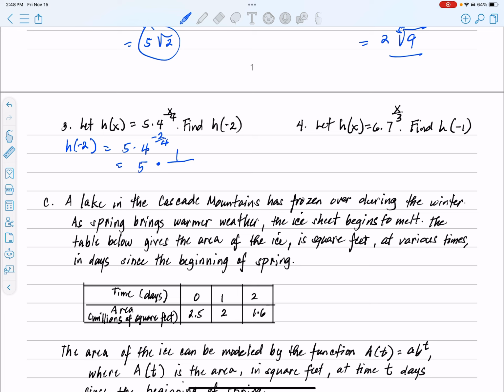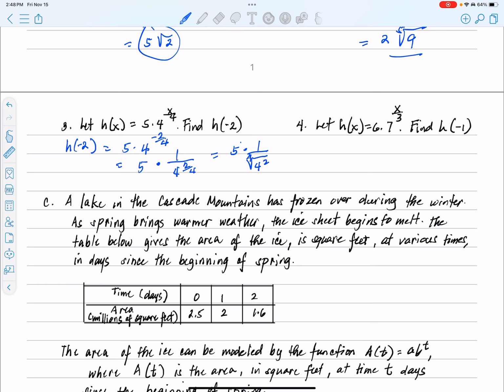So this would be 5 times 1 over the 4th root of 4 to the power of 2.